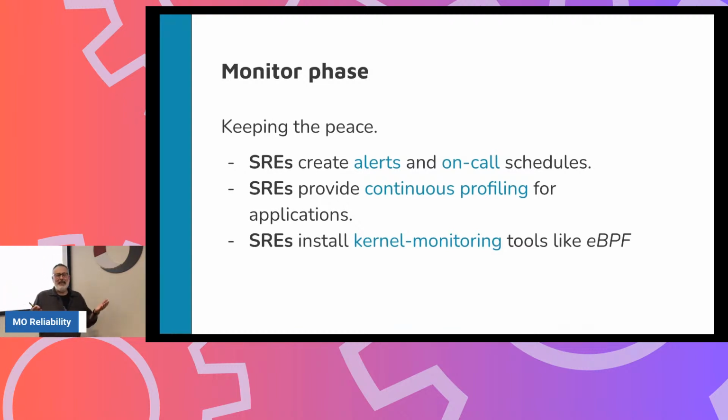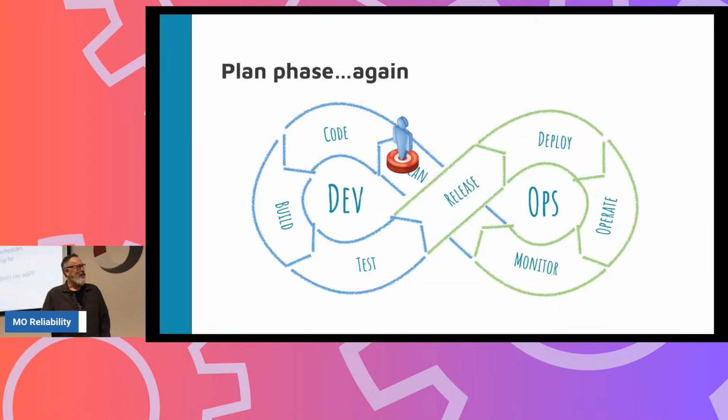Because again, we can't expect the SREs to be the subject matter experts on every single application, every single service. It's never going to happen. But they have to have that call tree type thing of who to call for the issues. And then this is where we can include the kernel level monitoring with tools like eBPF, Cilium, but yeah.